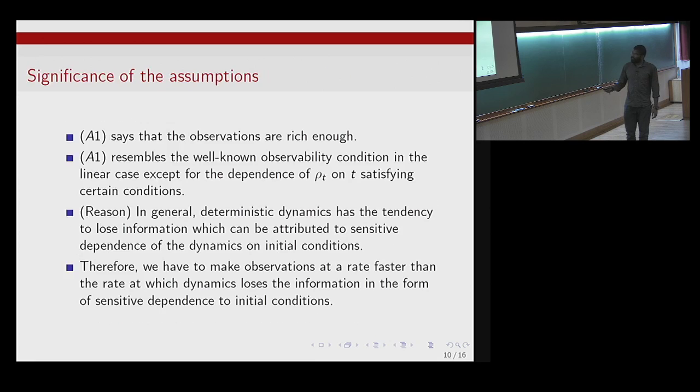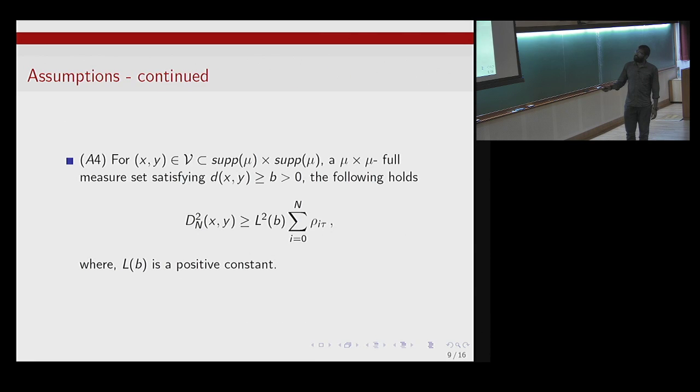So surprisingly, it seems like an innocent assumption in the beginning, in the sense that if the system is chaotic, you may expect this because things are not coming close and they won't stay close. They have to move apart. But the thing is, proving this for Lorenz 63 or Lorenz 96, I wasn't able to do that.